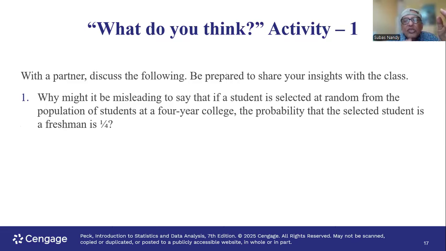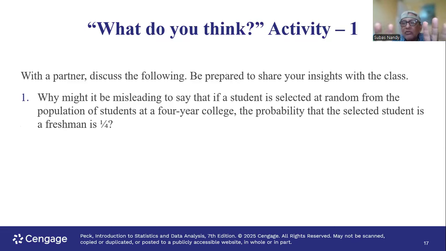As you know, we have freshman, sophomore, junior, and senior. What is wrong in this argument? Why is the probability of freshman not equal to 1/4? Why is the probability of senior students not equal to 1/4? Because if it had been 1/4, that means the number of students in all of these grades, freshman, sophomore, junior, senior, are equal.